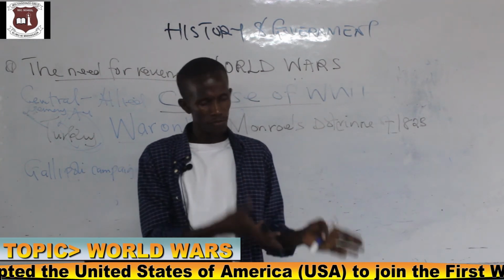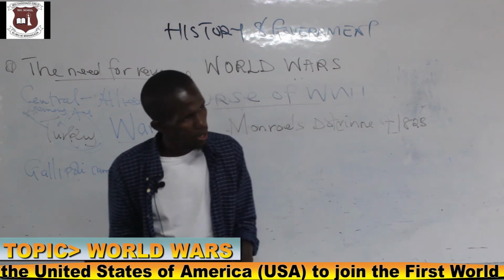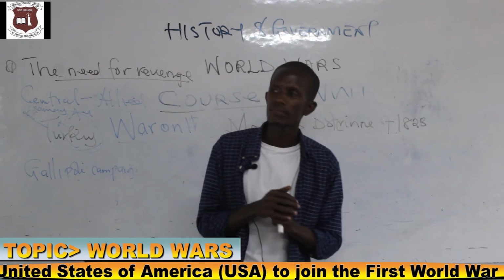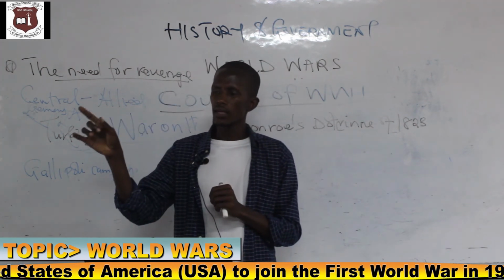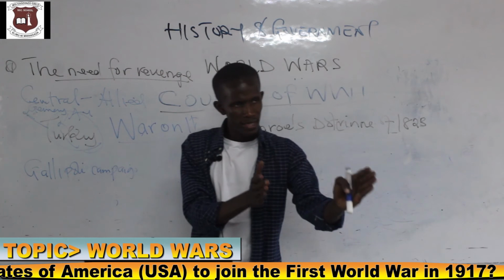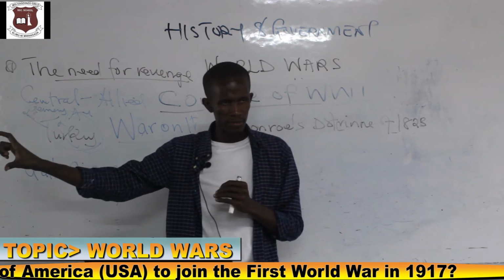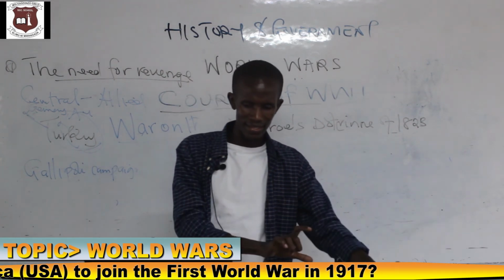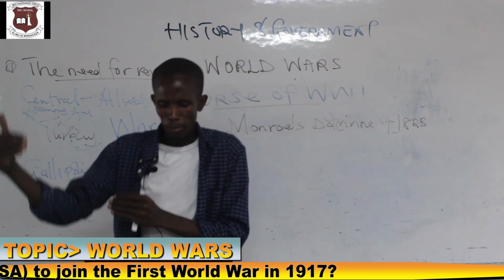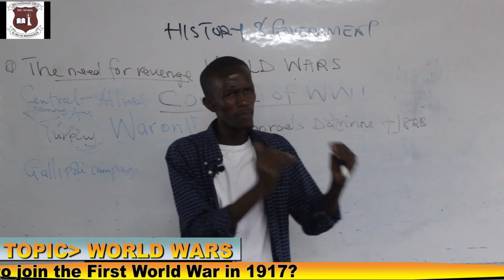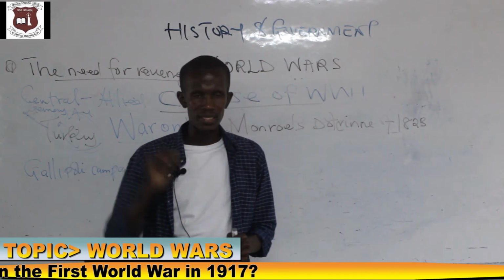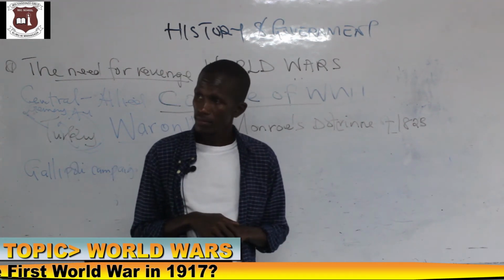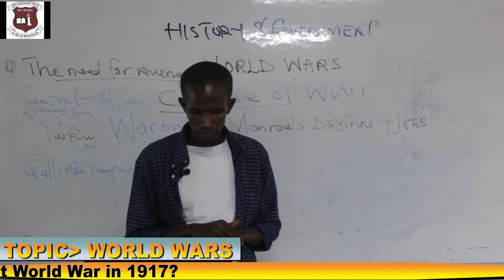Another factor is economic interest. If the Allied side had failed, it would have impacted negatively on the economy of the United States. So they joined the Allied side to support them so that their economic interest could be sustained in terms of markets, of course, and the industries.